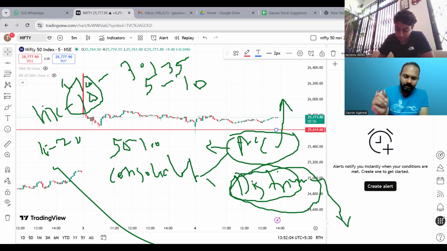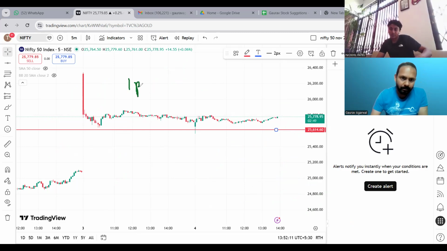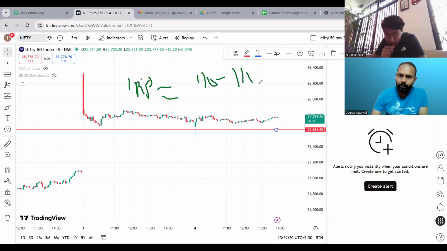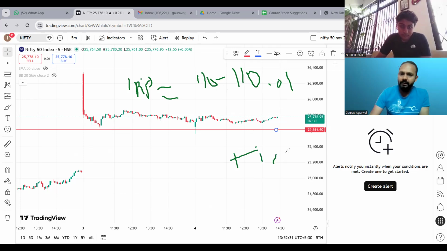I will explain it to you. If you ask what is one pip, one pip is like from 110 to 110.01. This is called a pip. In India we have tick size, which is 0.05.